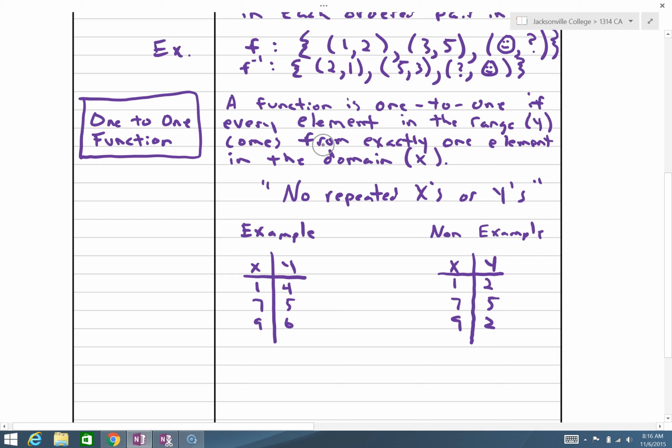Every element in the range comes from exactly one element in the domain. 2 is coming from 1 and 2 is coming from 9. So it does not meet this definition. And you can see we have this repeated y here. All right. This, while it's a function, is not one-to-one.